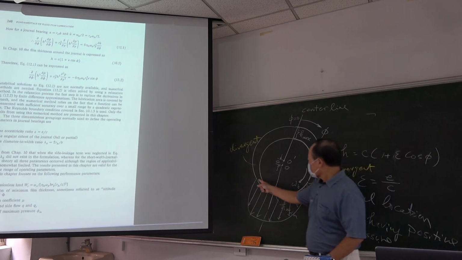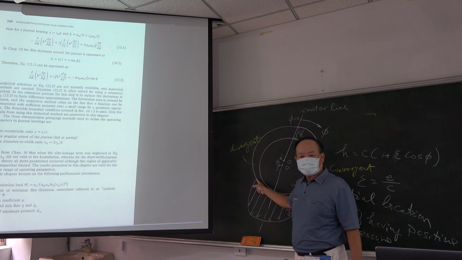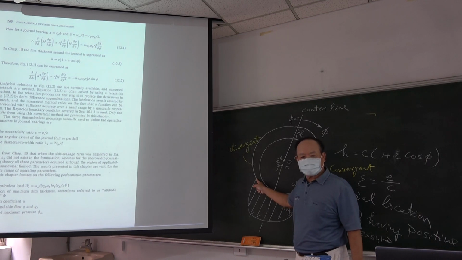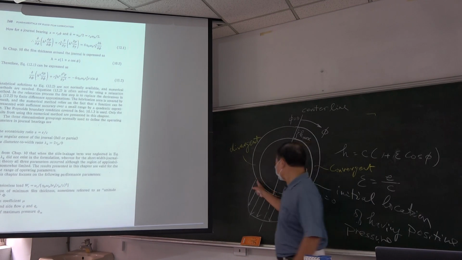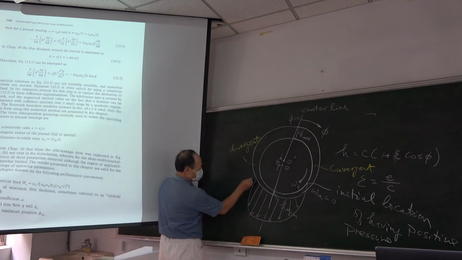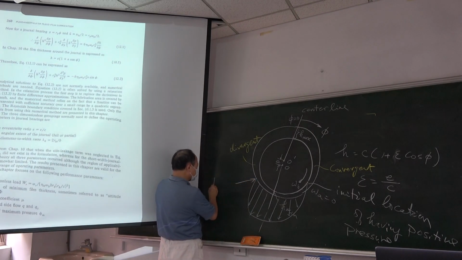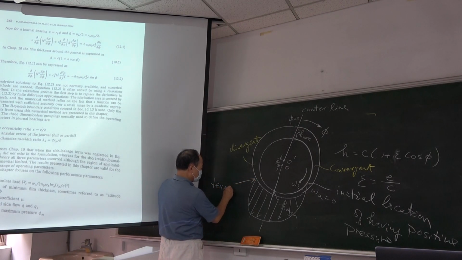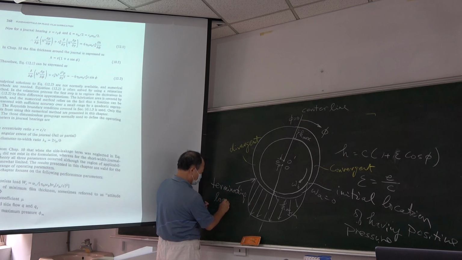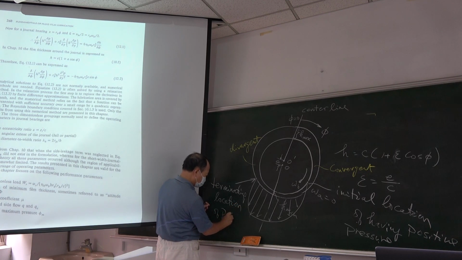Here, your particle pressure terminates at this point. So this point we call the terminating location of the particle pressure.